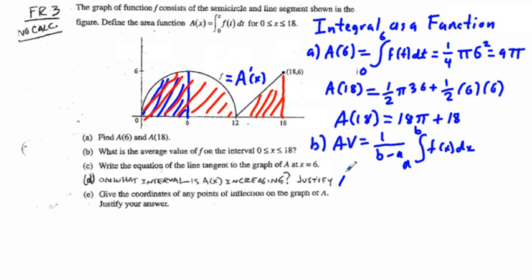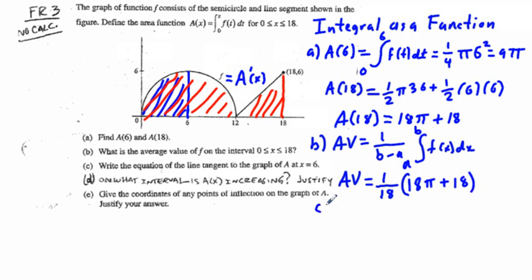Well, in this case, the average value that we're looking for of this function from 0 to 18 is going to be 1 over 18, and then times this total integral from 0 to 18. So that's going to be, as calculated in part A, 18 pi plus 18.